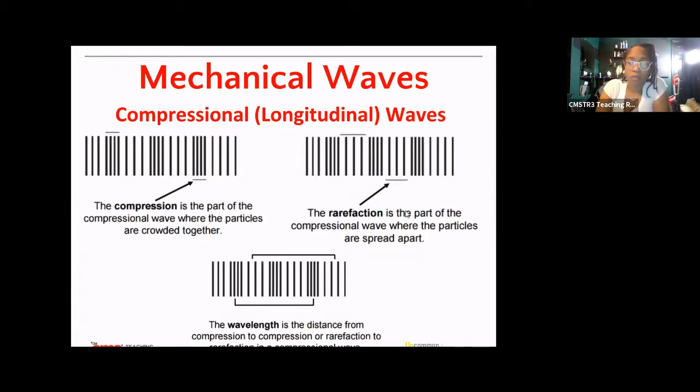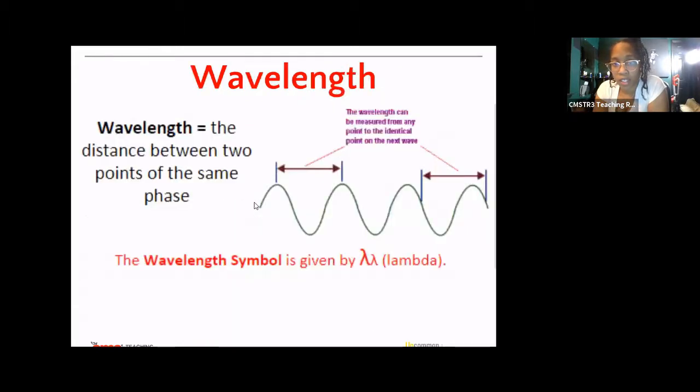Now, no matter if we're looking at a compressional or a transverse wave, the way we calculate wavelength, frequency, and speed is all the same. I'm going to give us a formula triangle in just a second, but just so you're not looking at me crazy: in physics, wavelength, that space between, is signified by the symbol lambda.